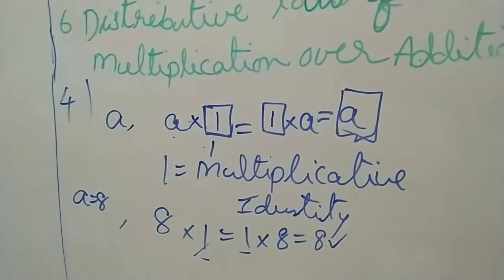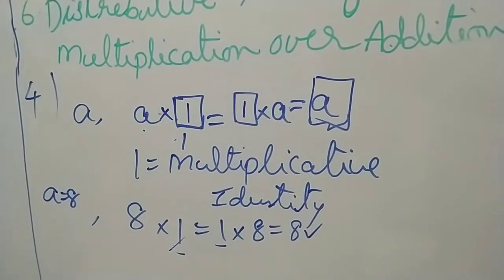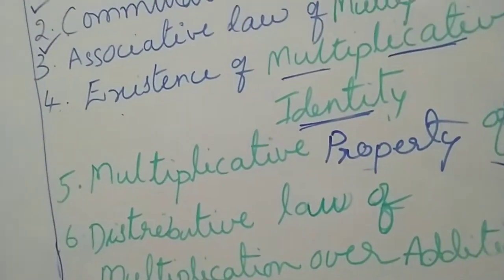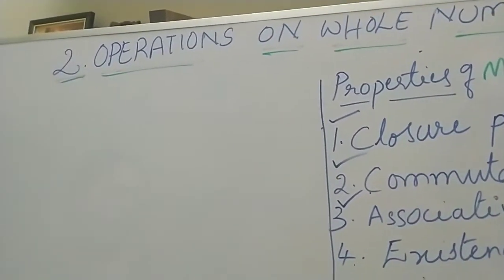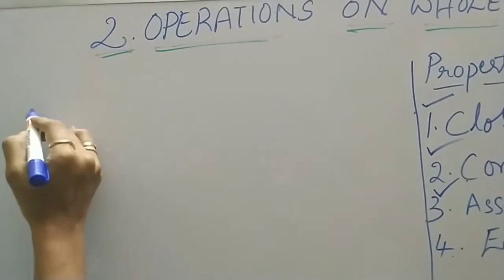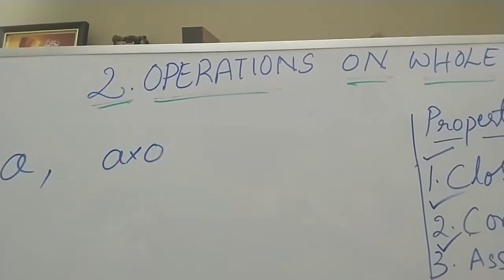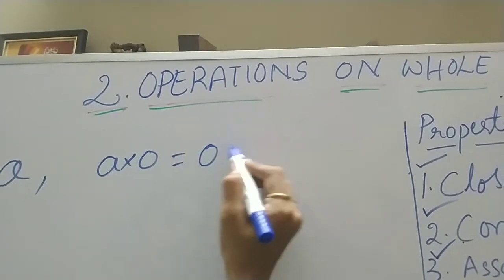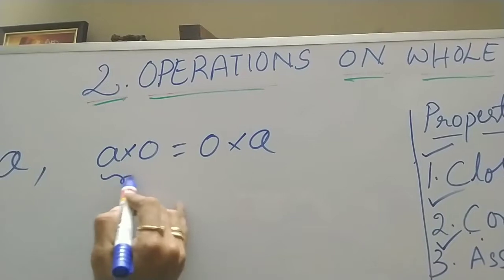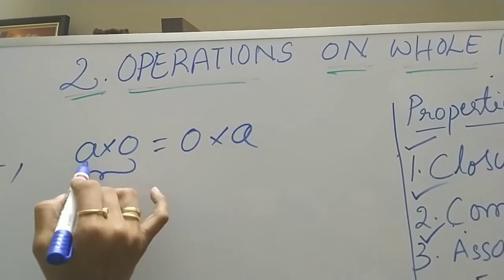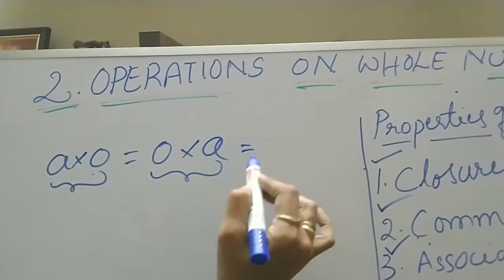Okay. So now what happens if you do with 0? Is there any property for this multiplication? If you do with 0, take any whole number a, I am multiplying with 0 here. What happens? See, 0 into a. So what is our commutative law saying? If you multiply any two numbers and reverse them, you will get the same number.